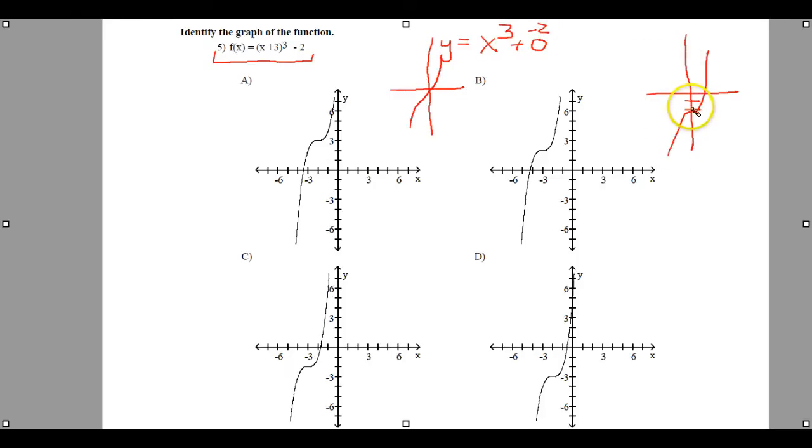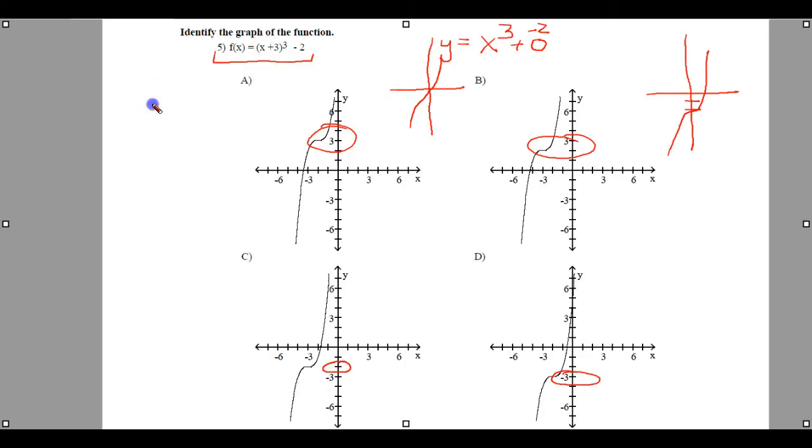So we see this is a positive 2. This looks like a positive 3, so these are not good. Now here we can see this looks like a -3, and this looks like a -2 right here. So this one is showing promise.